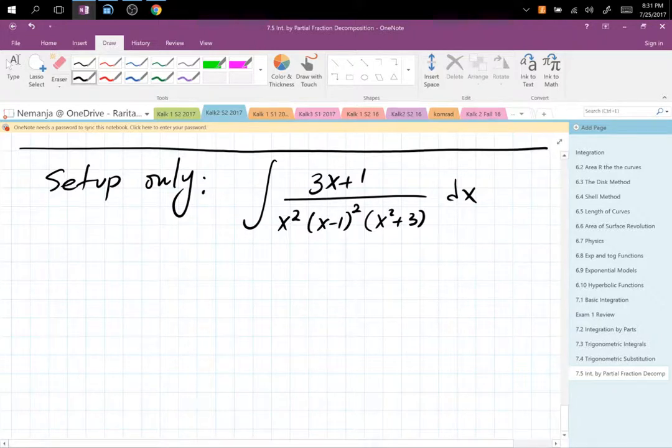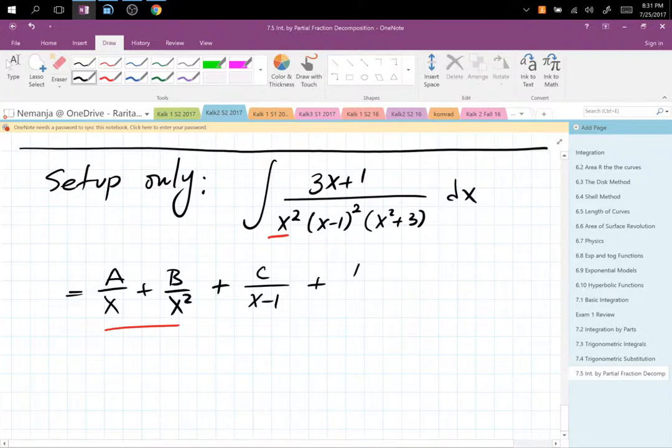That's a repeated, right? So A over x plus B over x squared. Both of those color coded red. Plus the next one is again linear, repeated. So C over x minus 1 plus D over x minus 1 squared. Blue, blue.